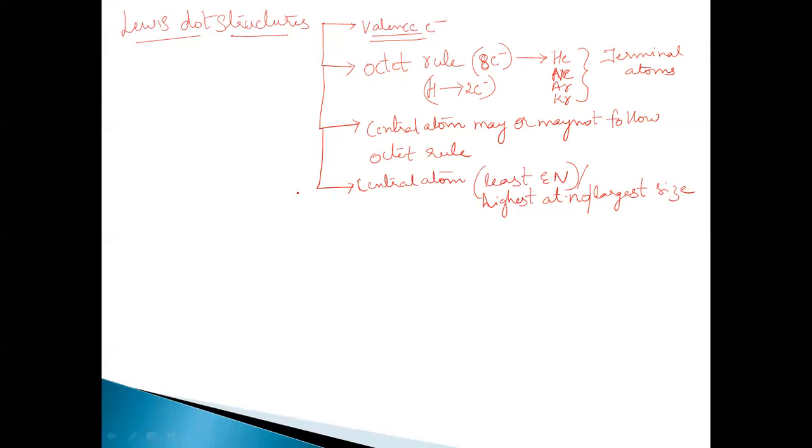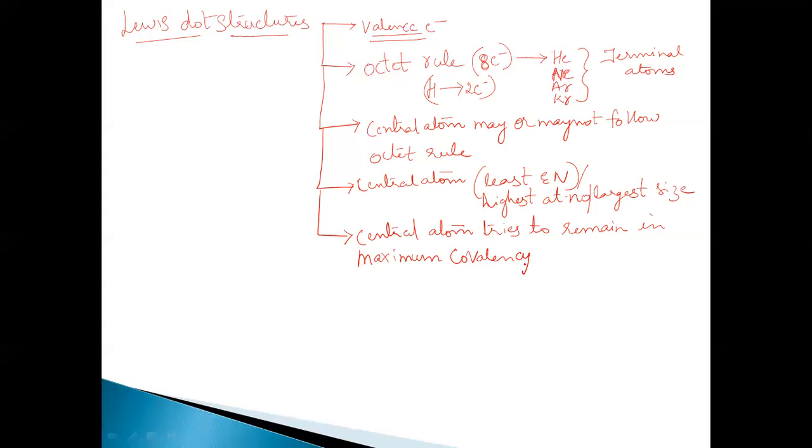The next one is that the central atom will try to remain in its maximum covalency.